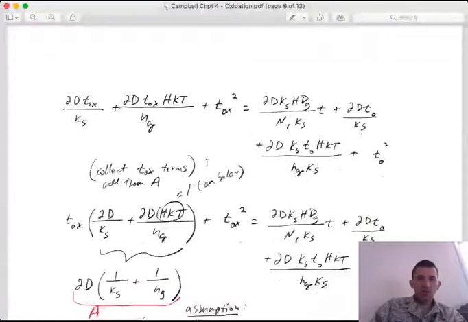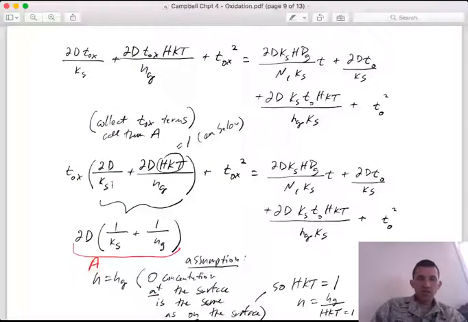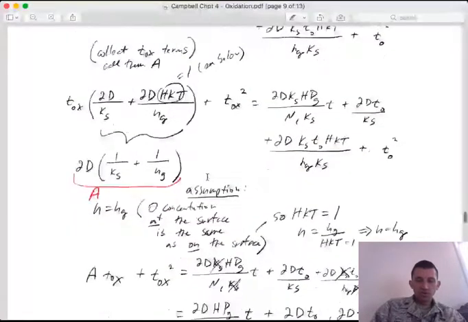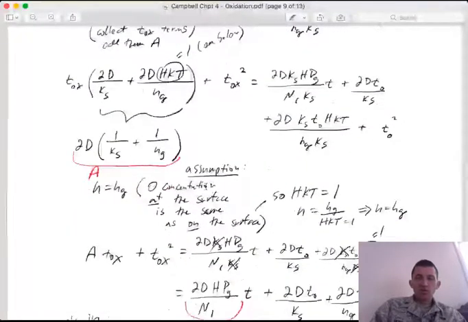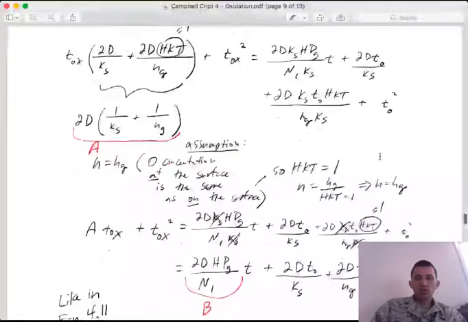Then I'm going to collect all of the Tox terms and factor out the Tox, so Tox squared is by itself. So then I'm just left with a collection of constants. Here I'm going to make one assumption, and actually I'll jump down where I cover it. Before we added Henry's law, that was our third equation.